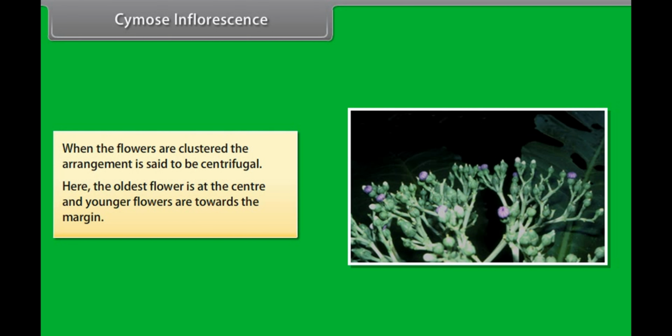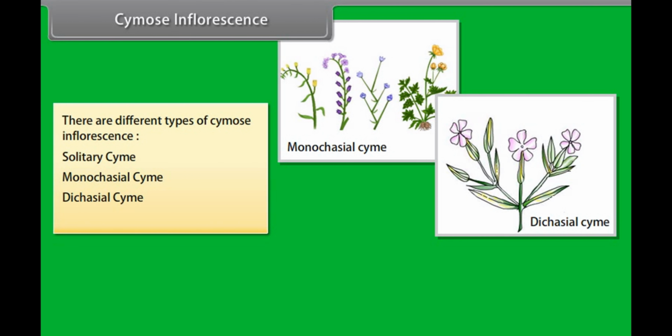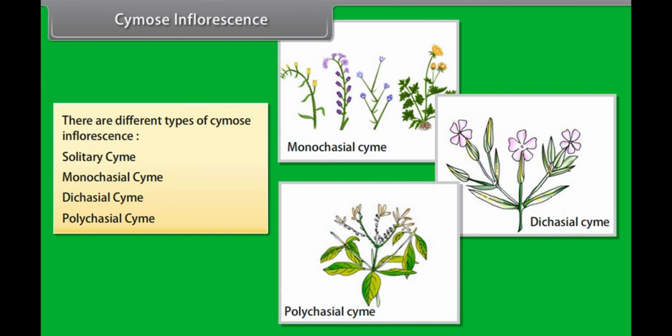Here, the oldest flower is at the center and younger flowers are towards the margin. There are different types of cymose inflorescence: solitary cyme, monochasial cyme, dichasial cyme, polychasial cyme.